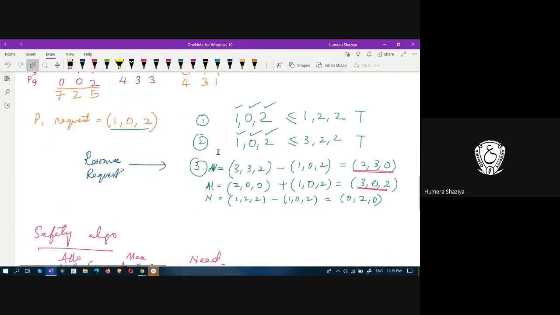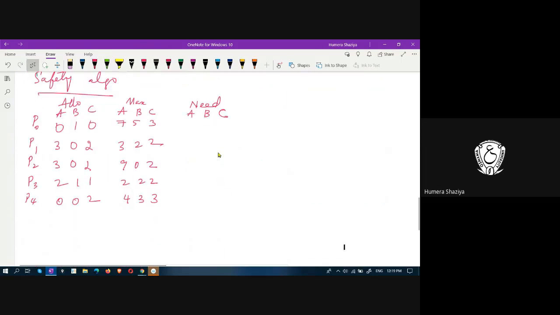What value do you get? You get 020, because 102 has already been allocated. The remaining needs of the others will remain the same: 743. Here we are concerned with P1, because P1 has made a request. And this is 600, this is 011, and this is 431.